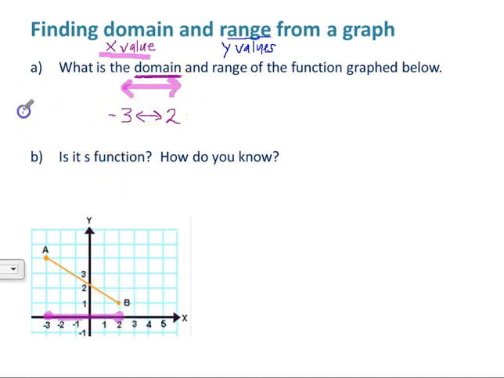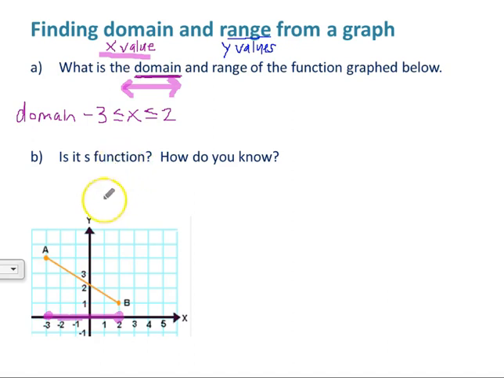So the domain can be all numbers x such that x is greater than or equal to -3, but less than or equal to 2. And that's what my domain can be.